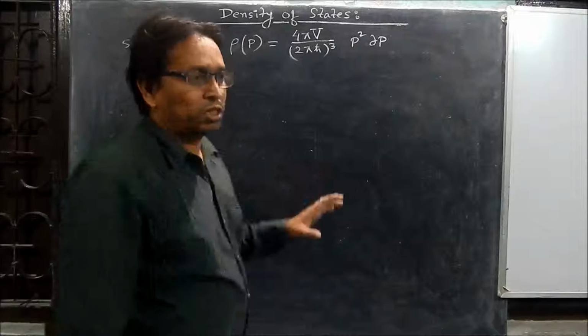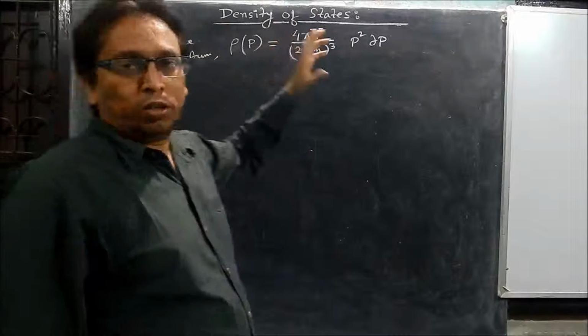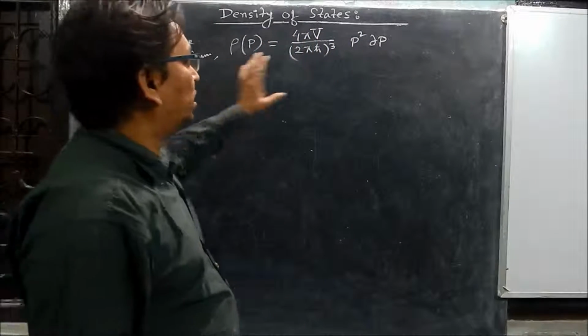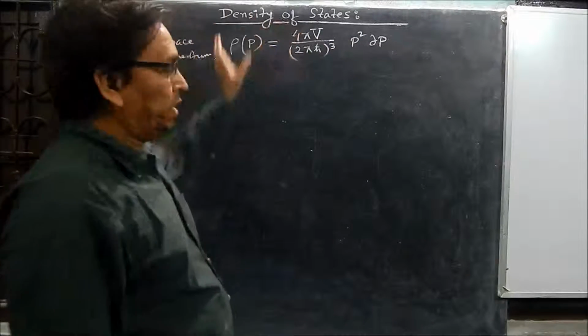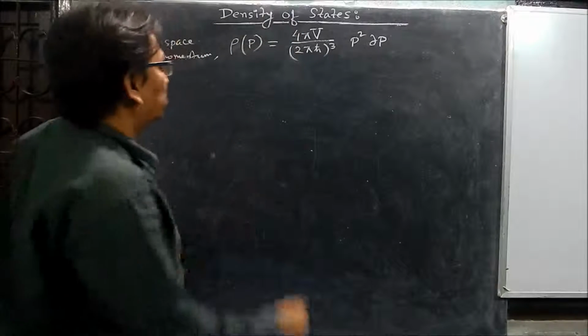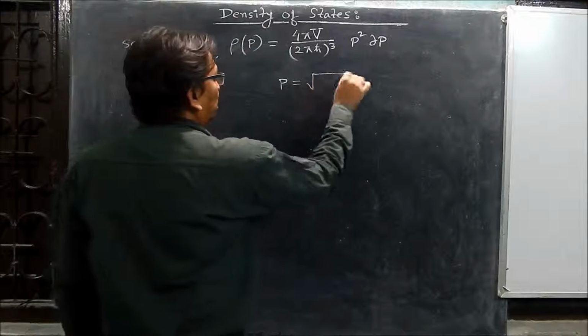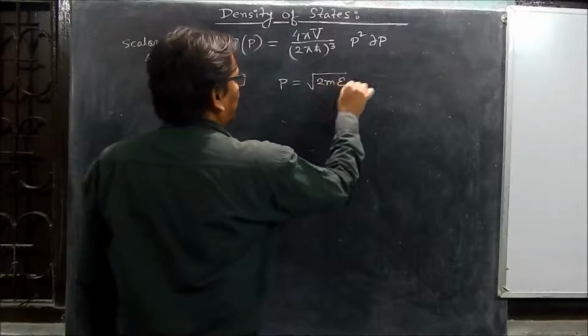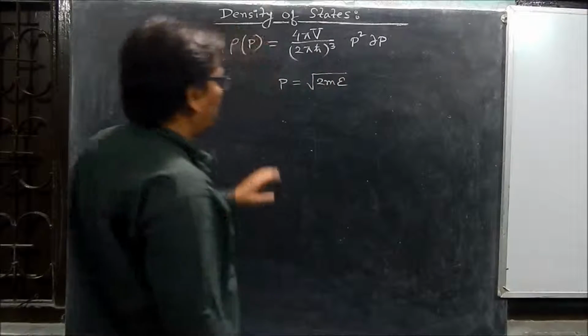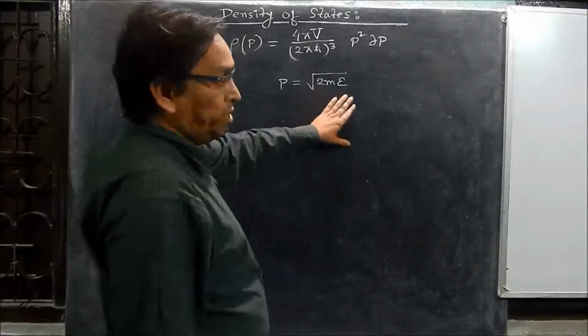Those who have not followed that class are recommended to see my previous class, where they will find this derivation. After this, we know that p is equal to root under 2m epsilon, where epsilon is energy. So momentum is equal to root under 2me.